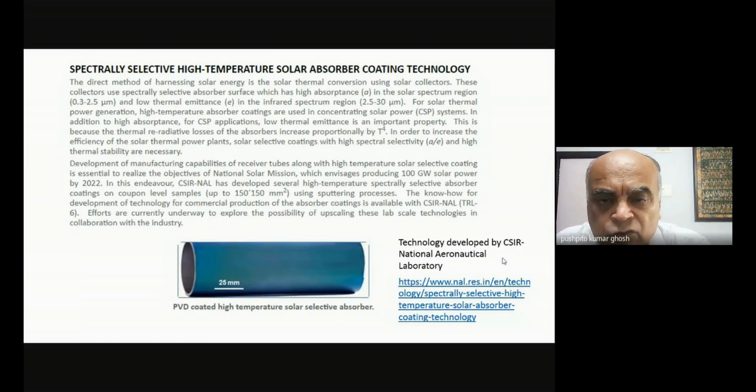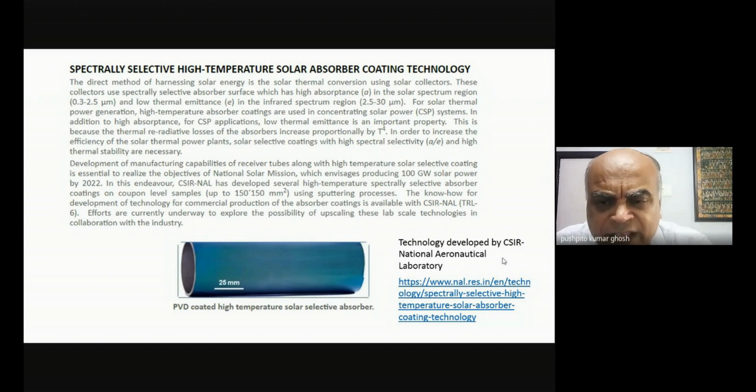They made these excellent coatings, and they have also made coatings for very high temperature applications, but those are not scaled up yet. So we are mostly dependent on imported solar selective absorbers.